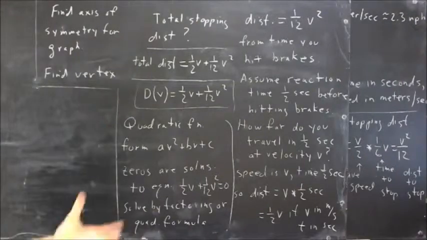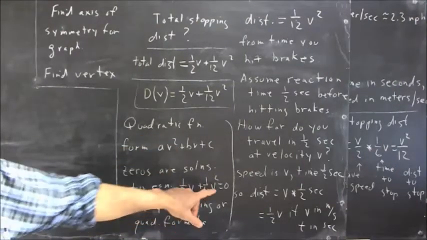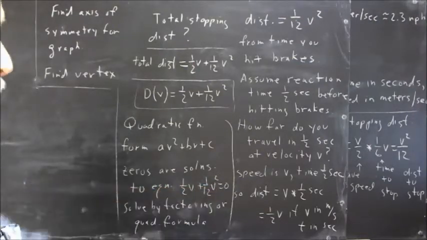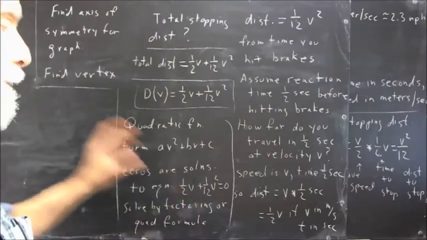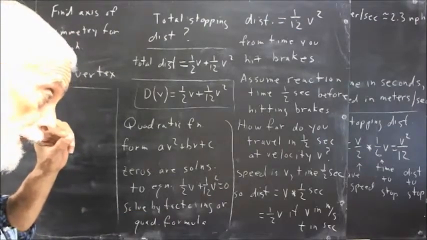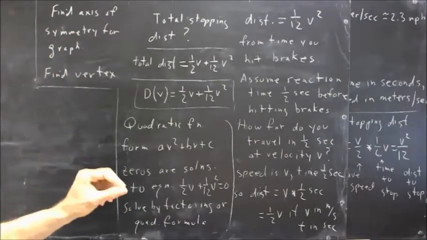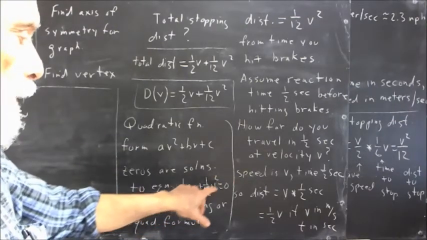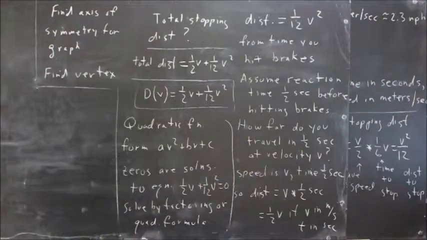I'll point out, if we factor out a 1/2 V, we end up with 1 plus 1/6 V equals 0, so that our solutions are V equals 0 and V equals -6.